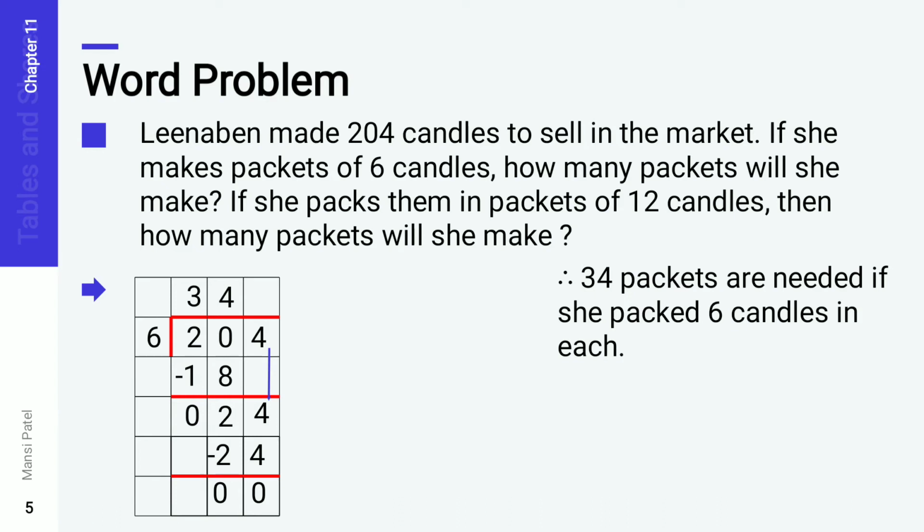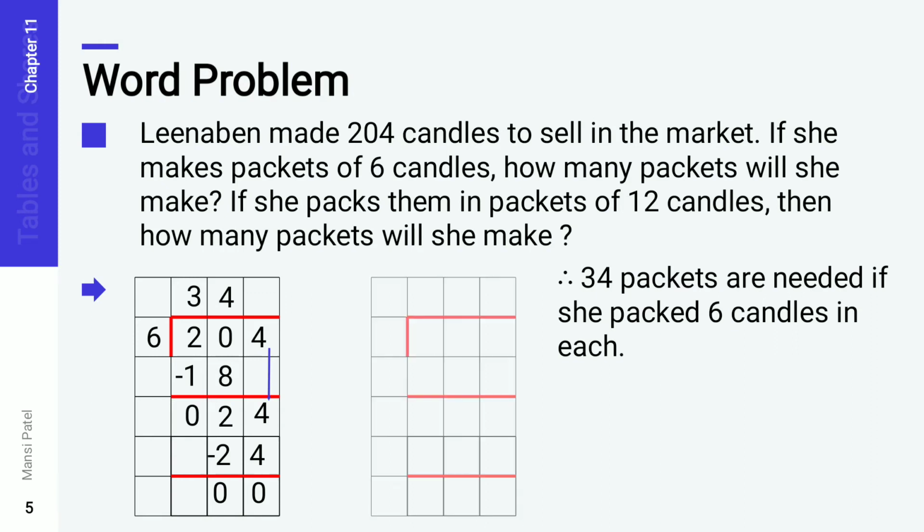Now your other question. If she packs them in the packet of 12. So do again the same thing. But here you have to do the division by 12. The same thing, 2 is smaller than 12. Therefore, we are taking the 2 digits.